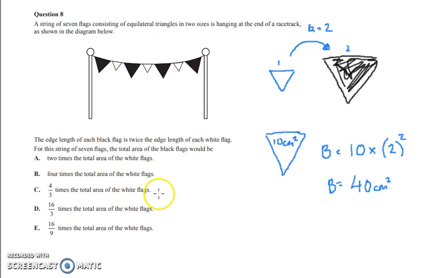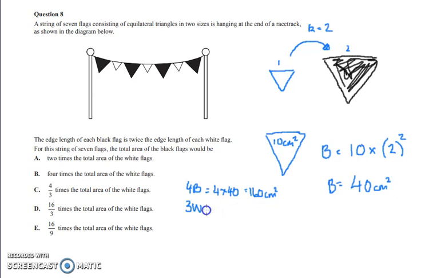From the question we can see that we have 4 black flags and we also have 3 white flags. So let's work out the area of the black flags. If the area of one is 40, we would have 4 by 40, which would be 160 centimeters squared.